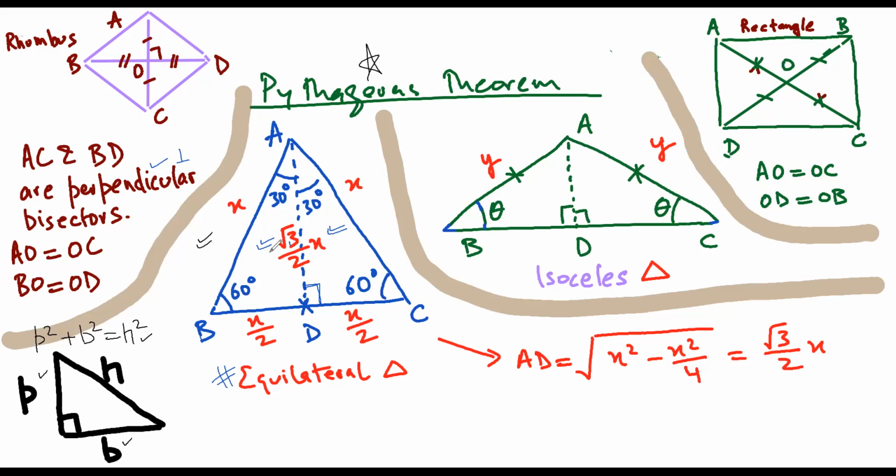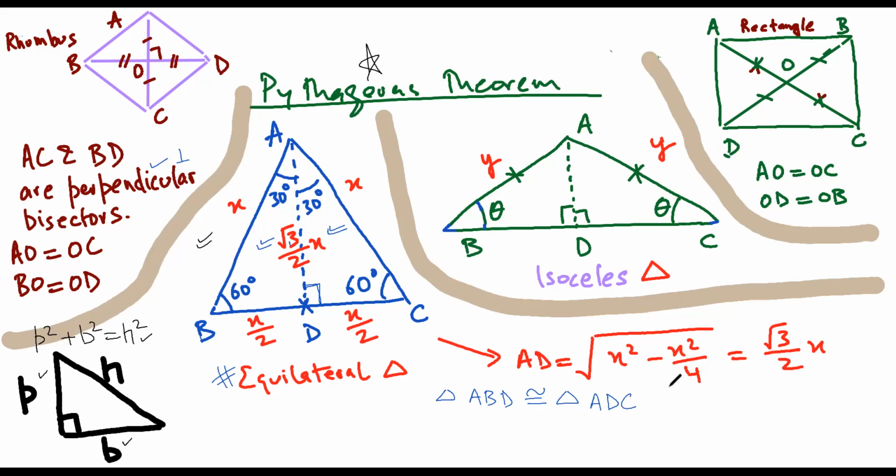So what you need to consider is that for an equilateral triangle, the perpendicular bisector divides the equilateral triangle in two equal halves, because these are two equal triangles. Let me state it over here: triangle ABD is congruent to triangle ADC.